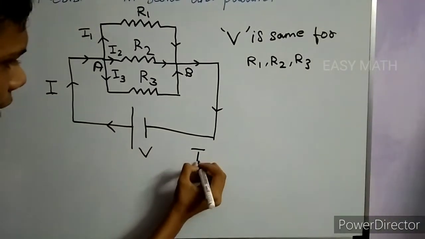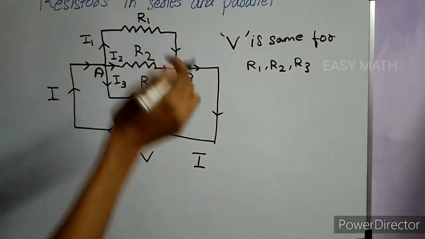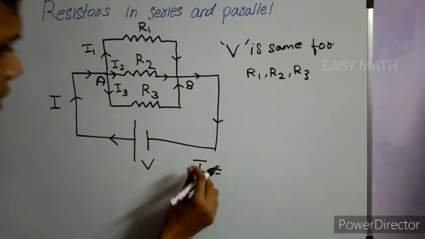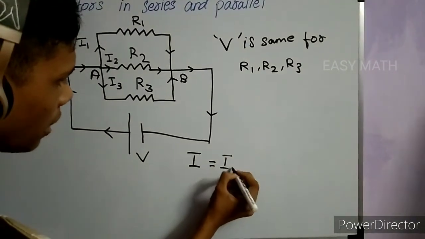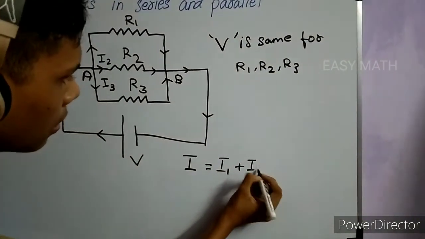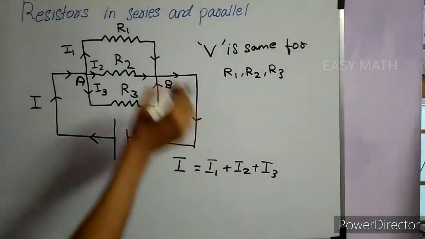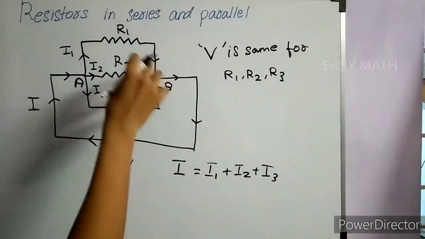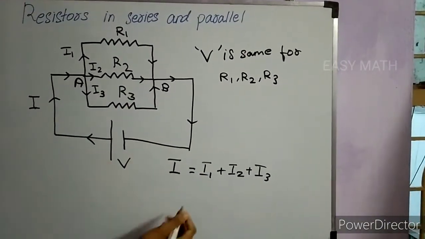Now, the total current in the circuit is equal to the sum of currents across each resistor. I is the total current in the circuit. I is equal to I1 plus I2 plus I3, where I1 is the current through R1, I2 is the current through R2 and I3 is the current through resistor R3.